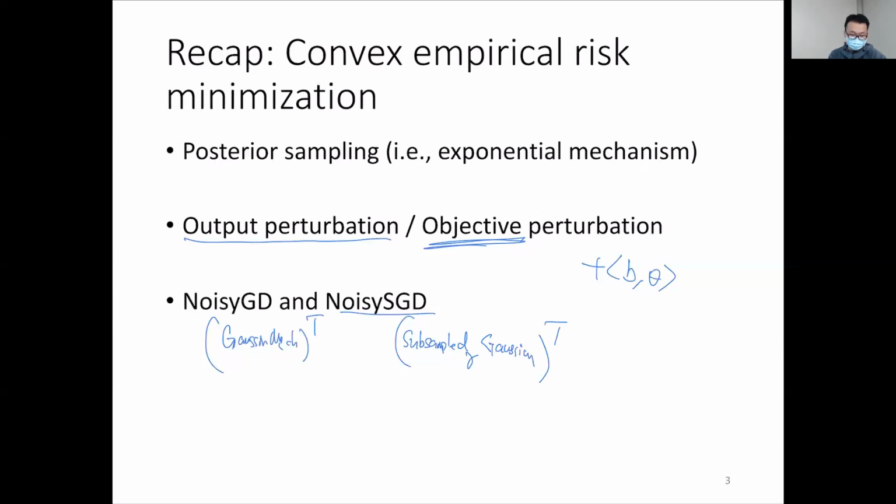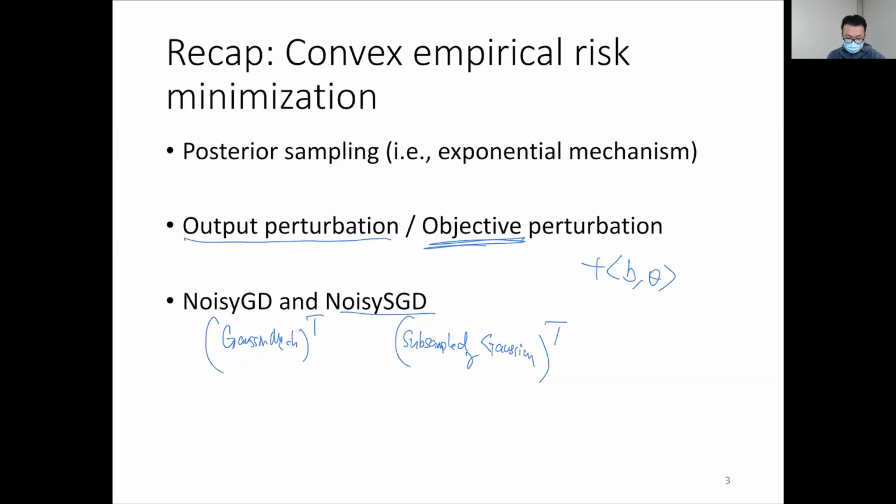We've seen that in terms of the so-called excess empirical risk, noisy gradient descent and noisy stochastic gradient descent are both optimal algorithms when their parameters are chosen correctly.